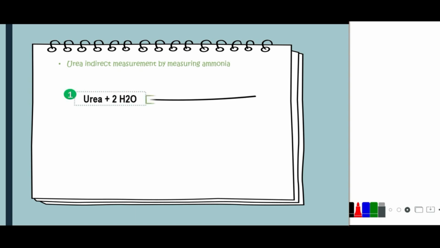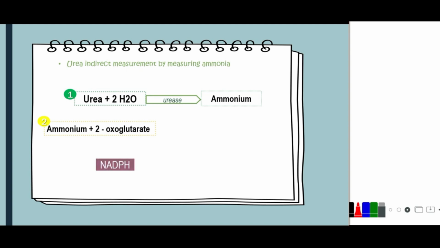Again, it begins with the hydrolysis of urea through the action of urease, and there would be the formation of ammonium. And this ammonium could be allowed to react with 2-oxoglutarate to be acted upon by glutamate dehydrogenase. So, aside from these two substrates, we also make use of the coenzyme NADPH.